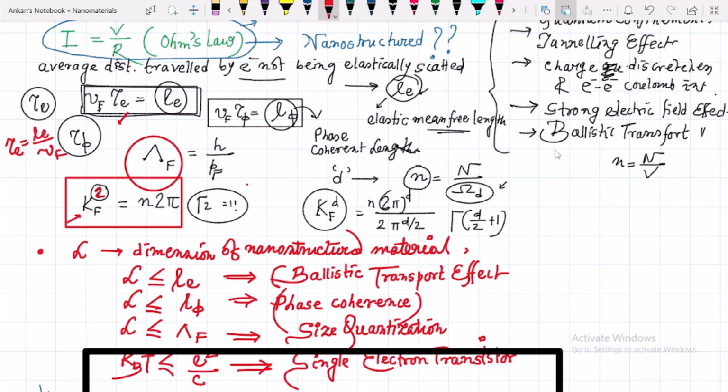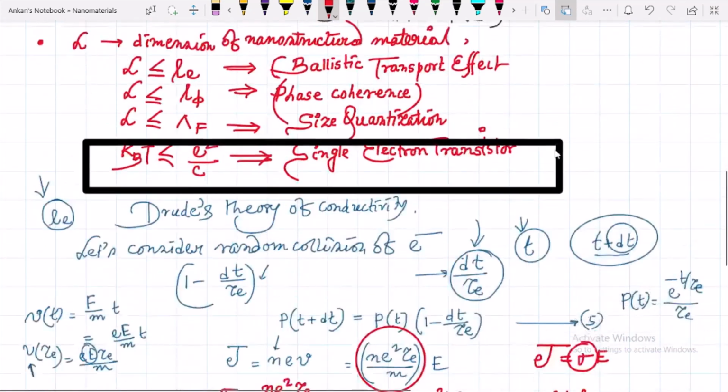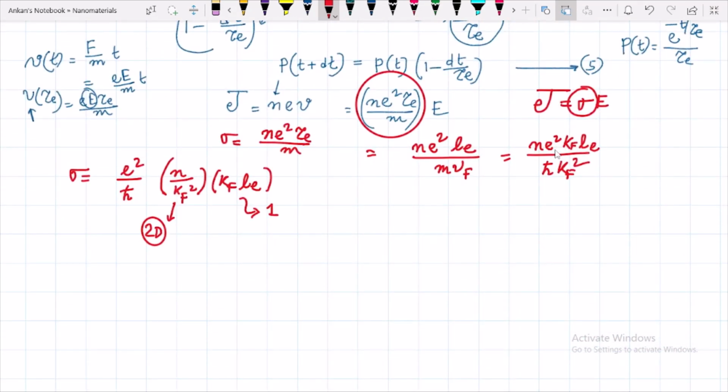The dimension also gets involved in the power of k_F, as seen from this calculation. Sorry for the wrong statement, but here you can easily see that k_F squared means the two-dimensional Fermi wave vector. So by applying the value, you will get 2 pi n. So n gets cancelled out and we will get only 1 by 2 pi.